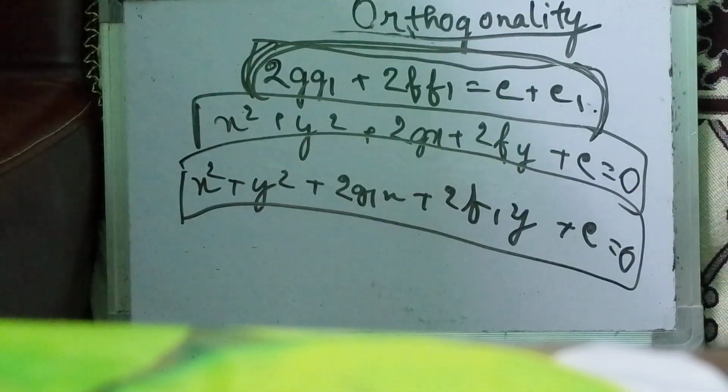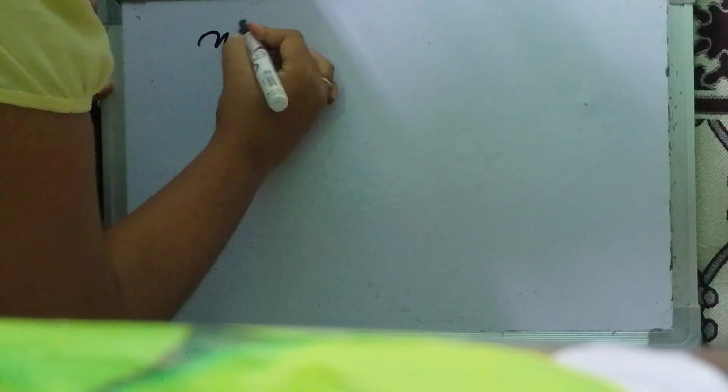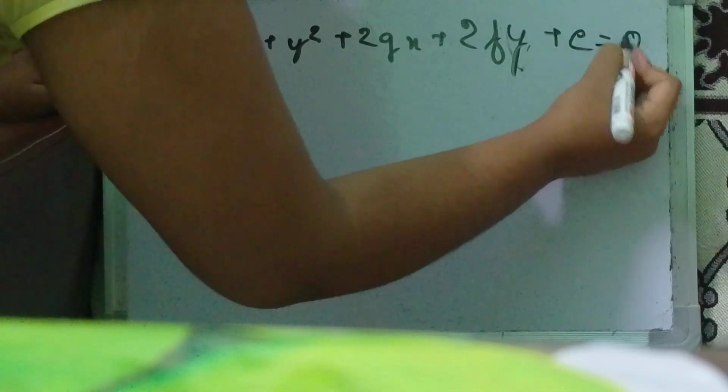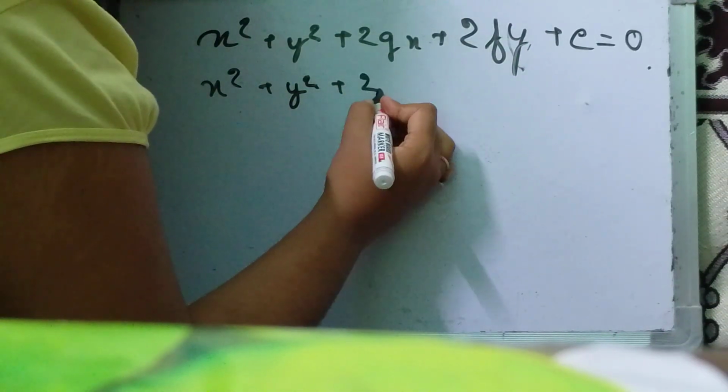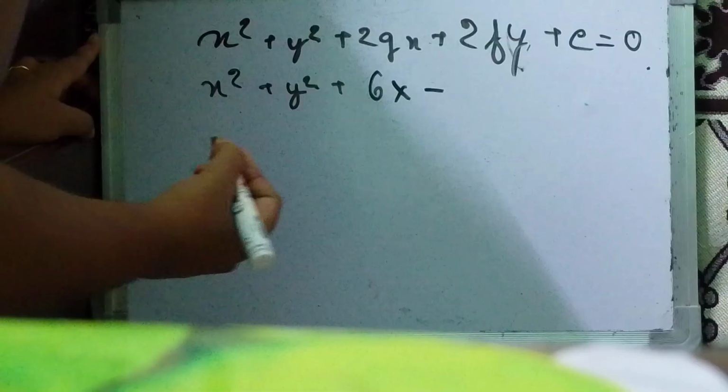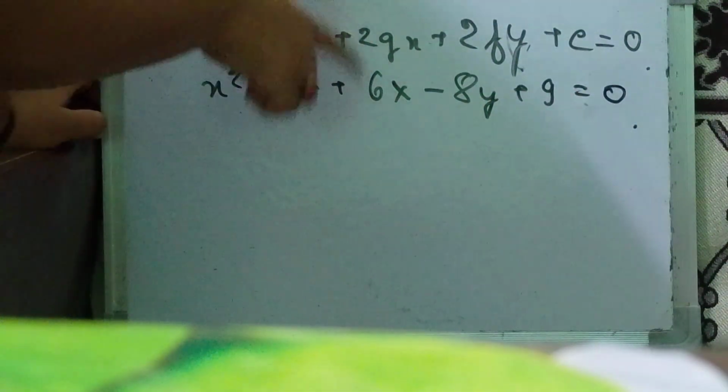So let's solve a problem. The circle x² + y² + 2gx + 2fy + c = 0 and another equation x² + y² + 6x − 8y + 9 = 0 are given, and they say these two are orthogonal to each other.